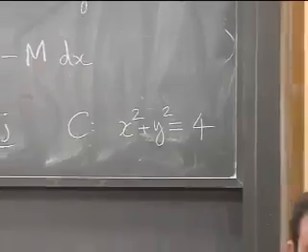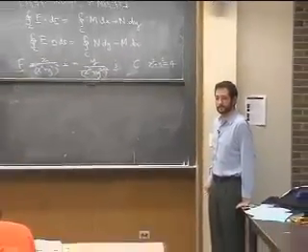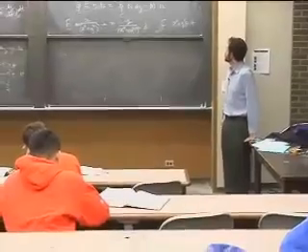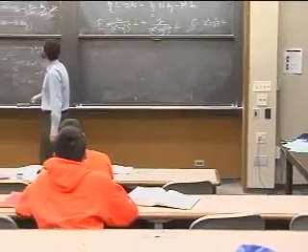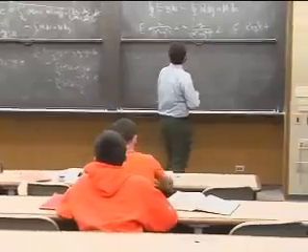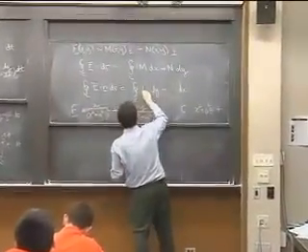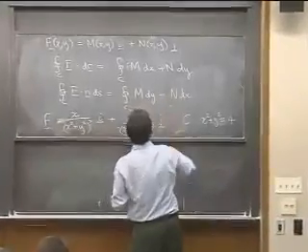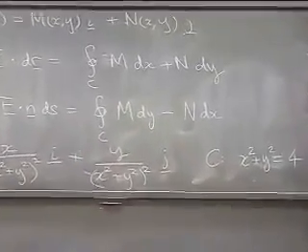Question. The book says that it is N times dy minus N times dx. It's been a rough night. The book is right. I don't know my M's from my N's. Go back over here.